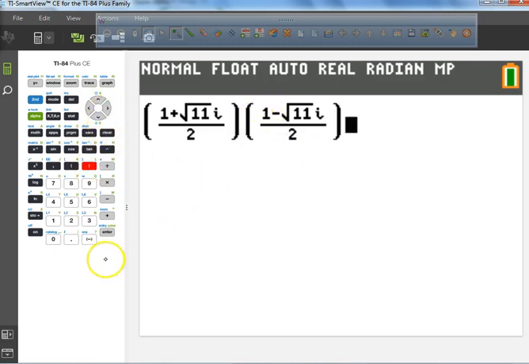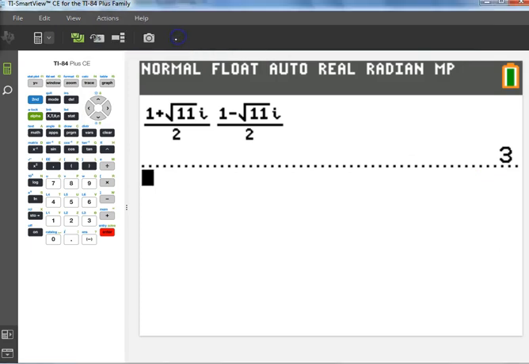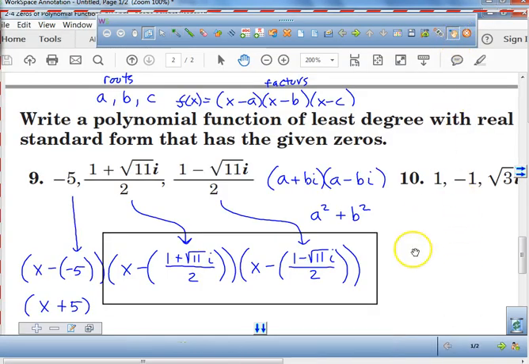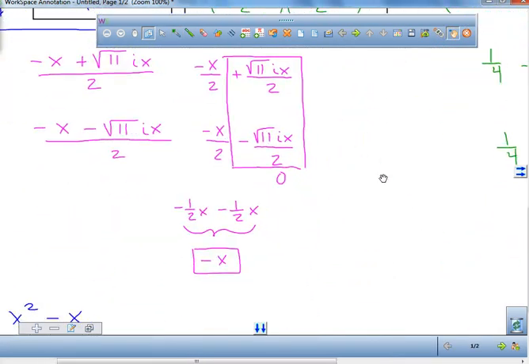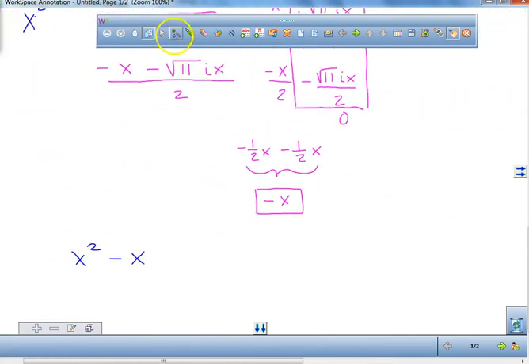And when you press enter, what do we get? We get 3. You multiply them together. What do we get by doing it by hand? Still got the number 3. So everybody, the final thing we're going to add to this is a 3.